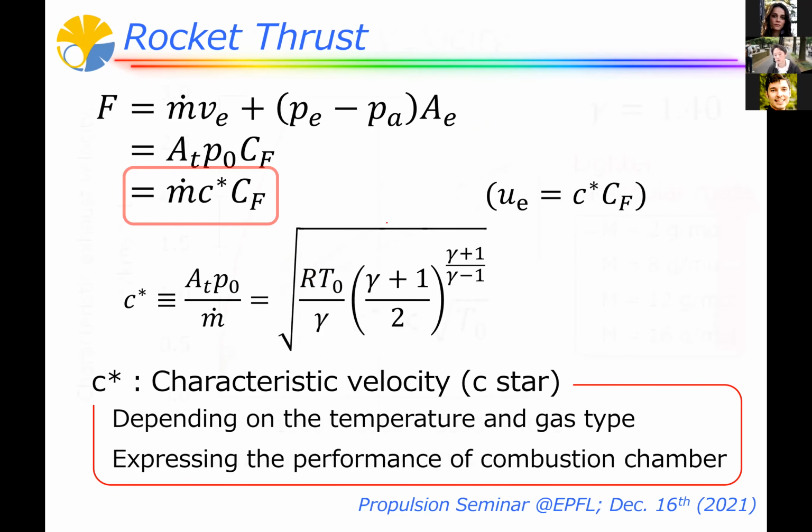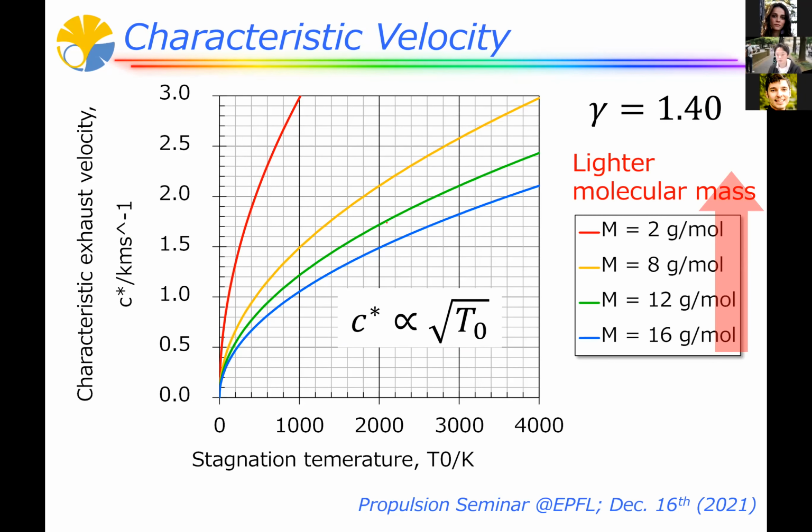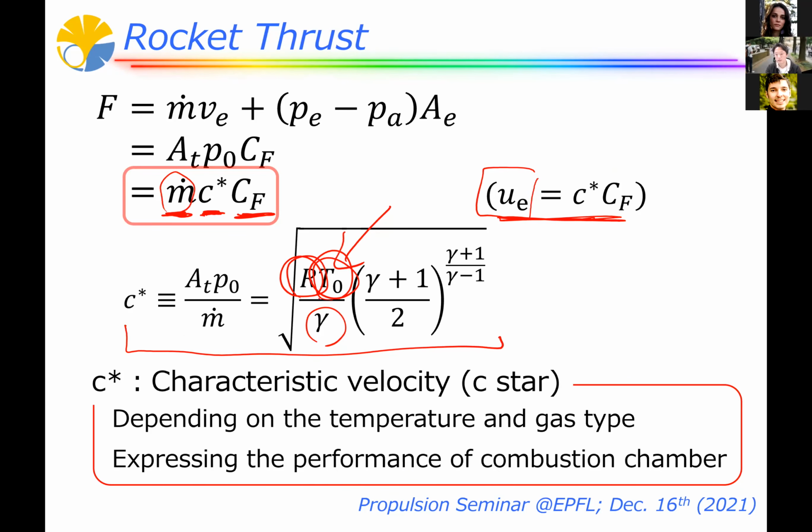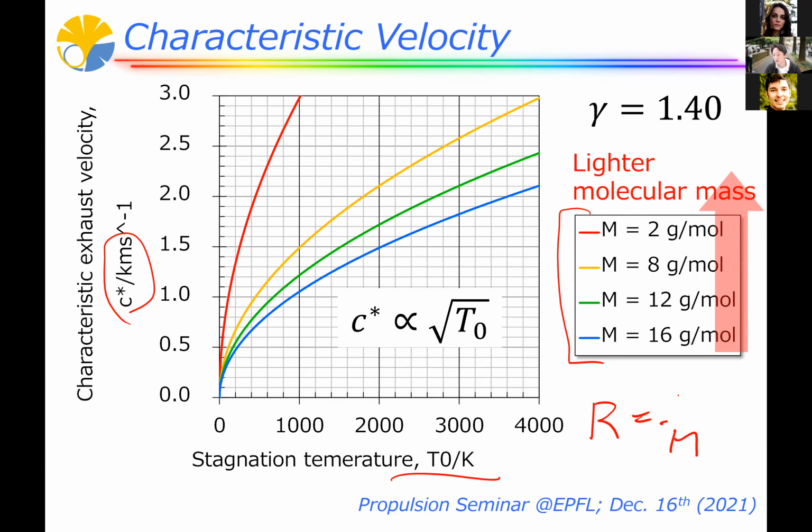This slide shows this dependence: temperature versus c star. You see it's simply increasing, and one more remarkable point is molecular mass. The gas constant in the previous slide is not the universal gas constant, so here molecular mass is related.